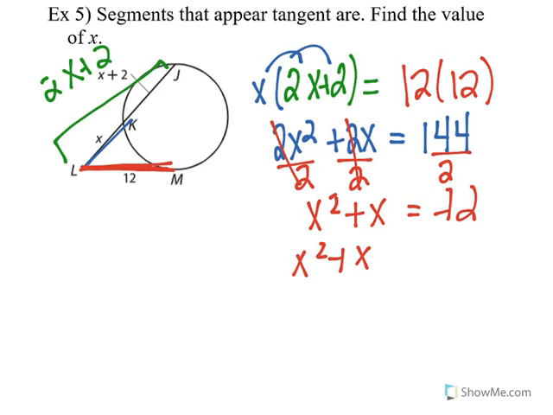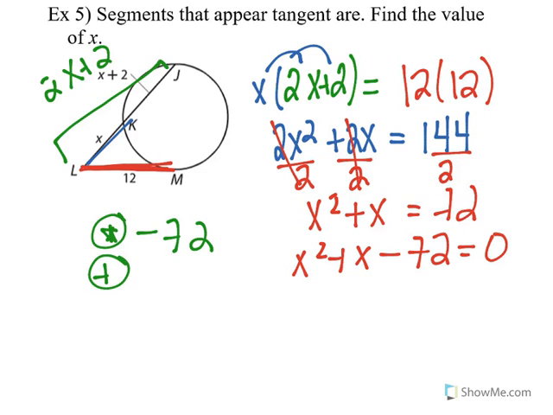X squared plus x minus 72 equals 0. And now we're going to factor. It's a lot easier to factor when it's just 1x squared rather than a number in front. So we want two numbers that multiply to negative 72 and add to 1. Those two numbers are going to be 9 and 8.